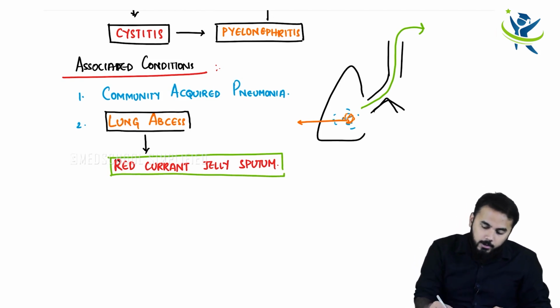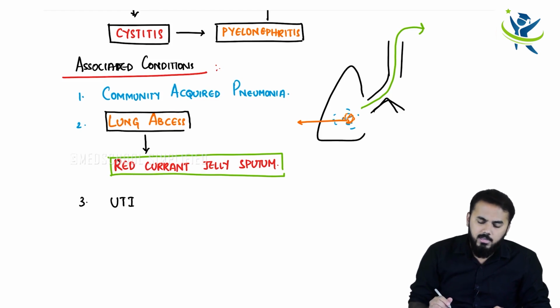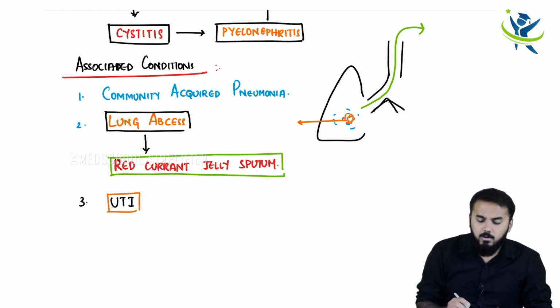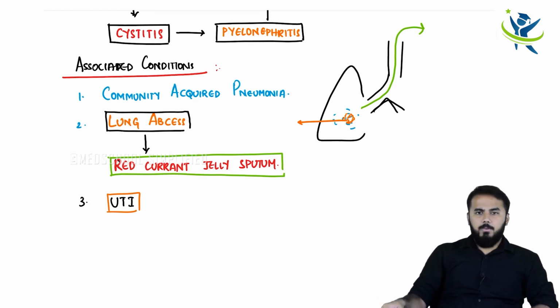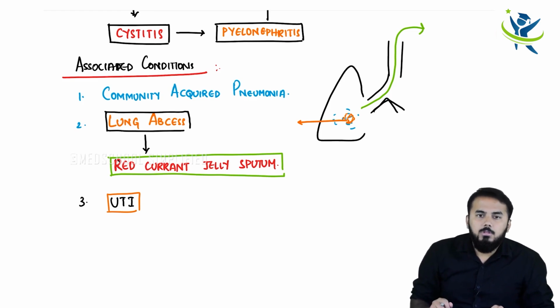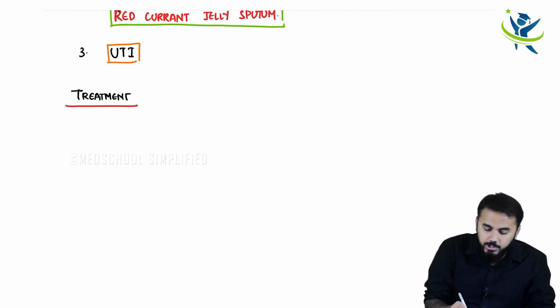Right. Third important thing, the patient will have UTI, that is urinary tract infection. Whenever a patient is having urinary tract infection, he will complain of burning sensation, suprapubic pain and all. These are the things. Okay. Right. So now let us discuss the treatment. What is the treatment that is given to the patient, guys?